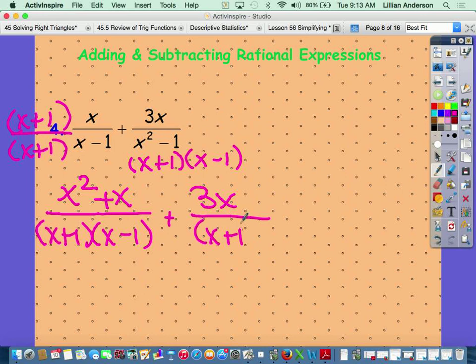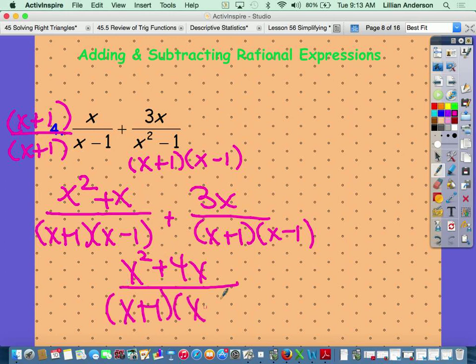You do nothing to the right side. So then when you add them together, you'll get x squared plus what? 4x over x plus 1 times x minus 1. Can I factor the top? I can take out an x, and that leaves me with what?